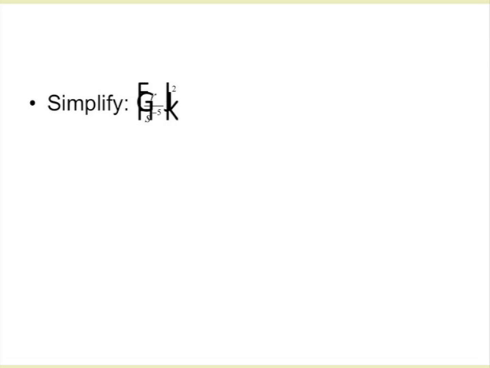Alright, this one says, do you have this one on yours? No? Okay. To the negative fifth in parentheses and squared. Alright, so we've got this power going on the outside. So our rule for a power outside is that we have to apply it to everything inside.